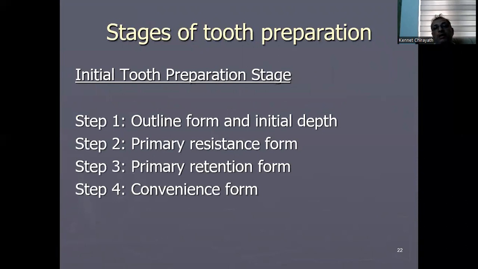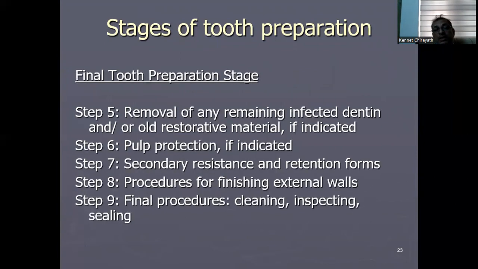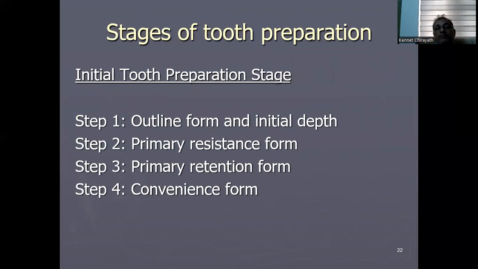Okay. Now what are the stages? This is broadly divided into two: initial cavity preparation and final cavity preparation. In initial cavity preparation there are 4 steps, and in final cavity preparation there are 5 steps. Okay, a total of 9 steps. So we will discuss outline form and initial depth, primary resistance, primary retention, convenience form.